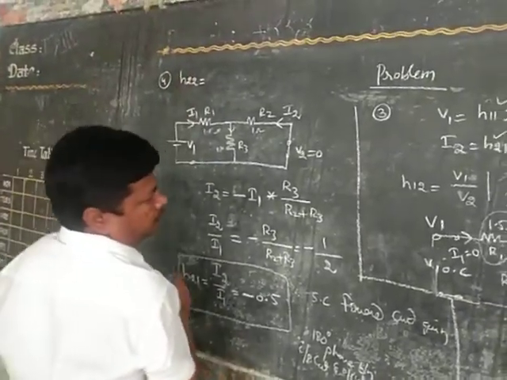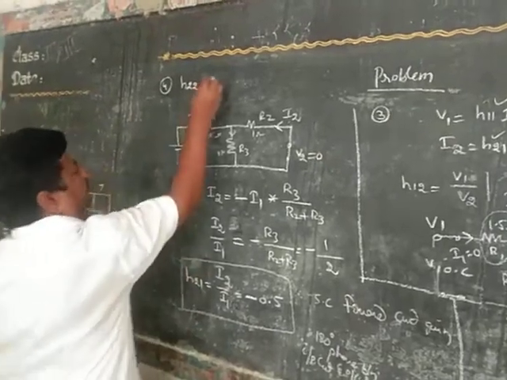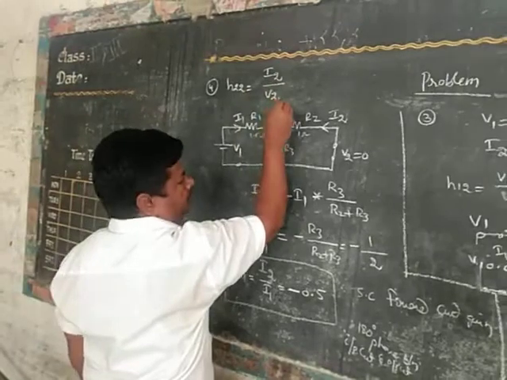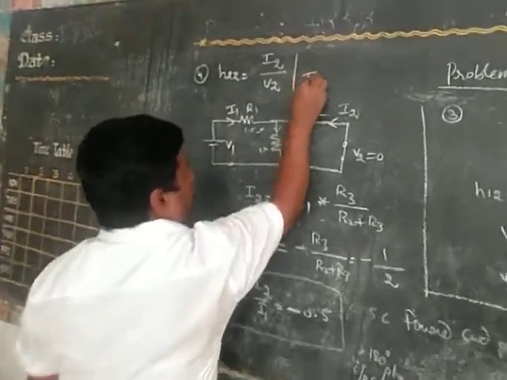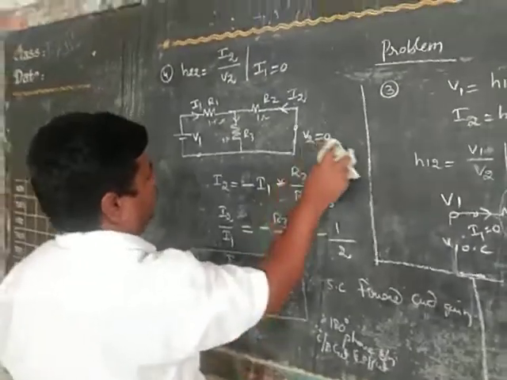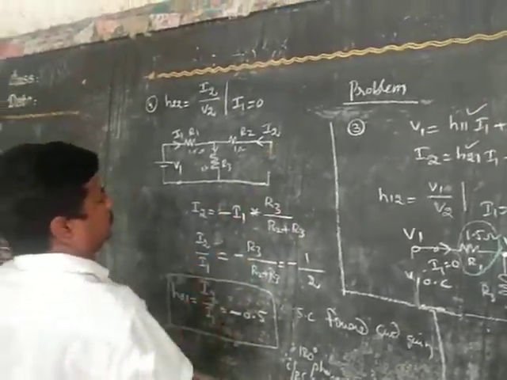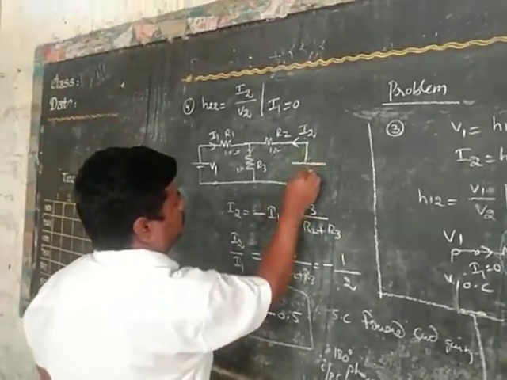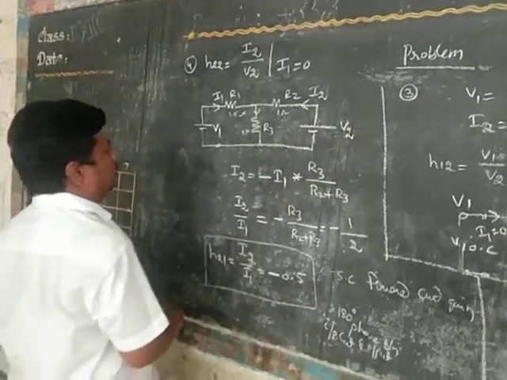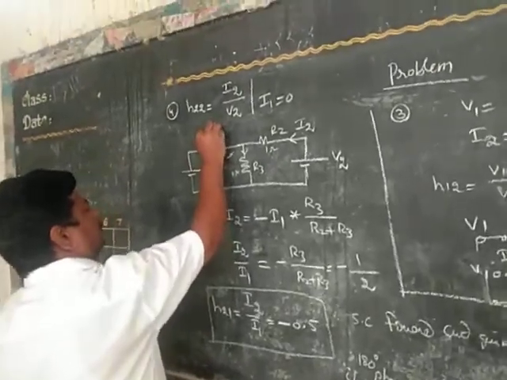Then coming to the last parameter, H22. H22 is equal to I2 by V2 when I1 is equal to 0. Okay. Here this is the V2. Here I1 is equal to 0. Open circuit.